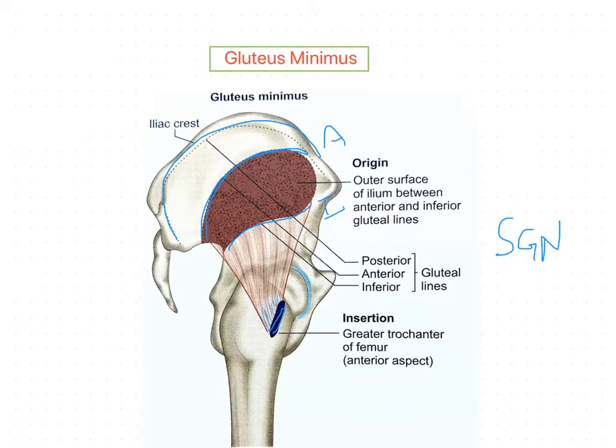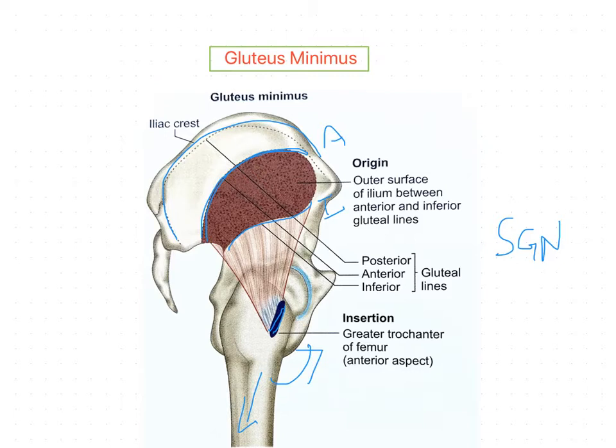Because of its location, we can say this helps in abduction and medial rotation of the thigh. Now we are seeing this hip bone and the femur on the lateral aspect. So this is about the action of gluteus minimus.